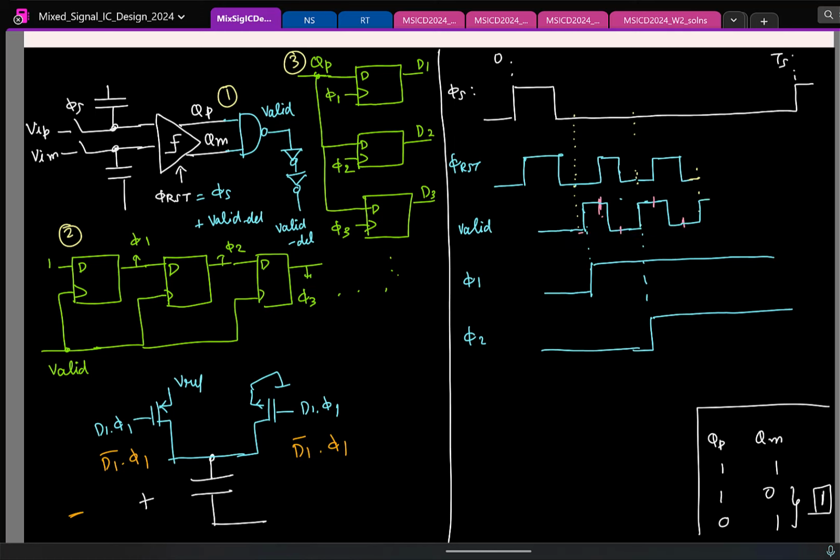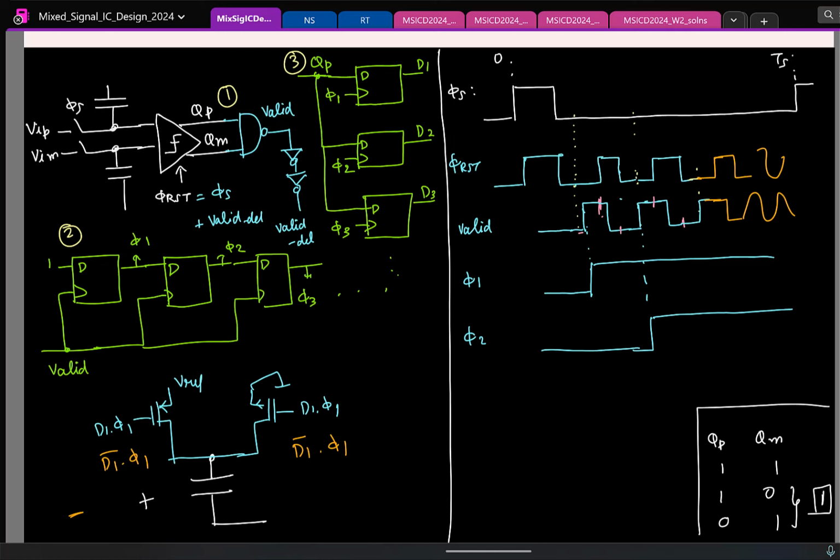But if I don't do anything, what will happen is this: after the last time valid goes high, that will again make the delayed valid go high, that will reset the comparator. So the delayed valid will go high, reset the comparator, which means valid will come low, reset will come low, the comparator will again compare, and this will keep happening continuously.